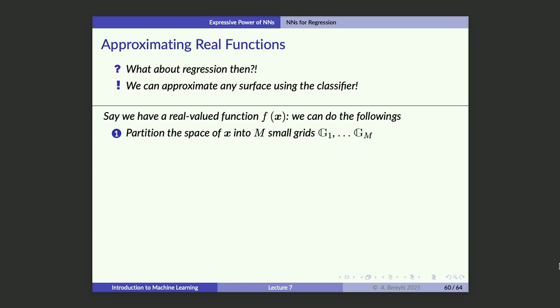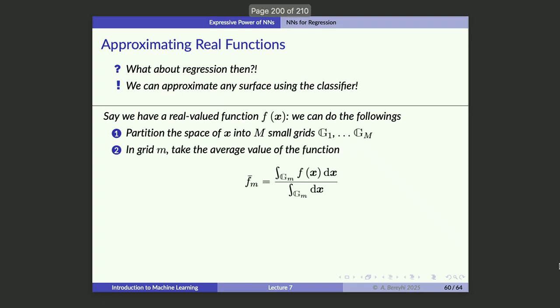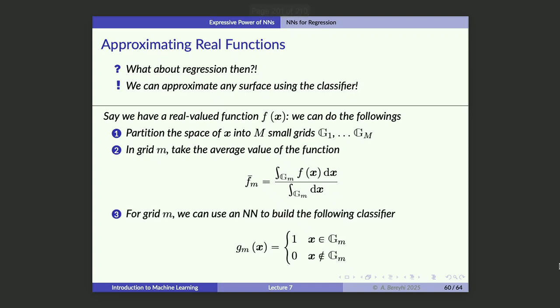So the whole idea is that you're going to make m different small grids, and in every single grid, you take the average value of the function. Okay? And once you have the average value of the function, you just make a simple classifier. That classifier is going to give you 1 when you are within the grid. If you're outside the grid, it's going to give you 0, right?